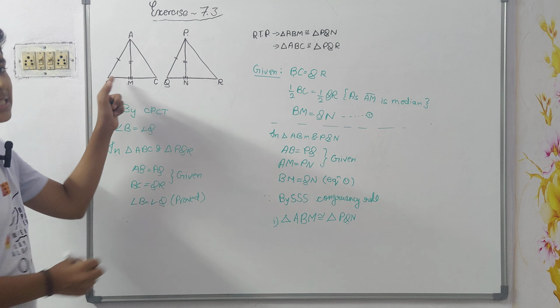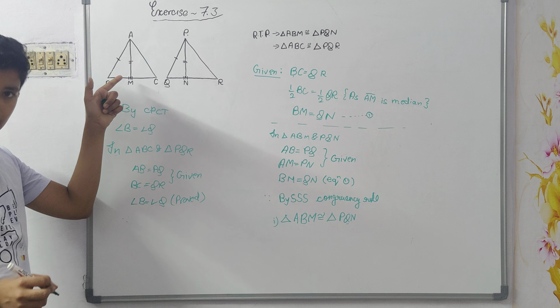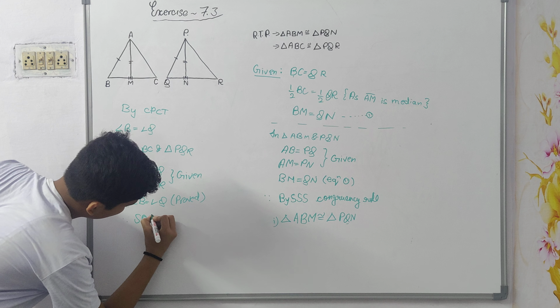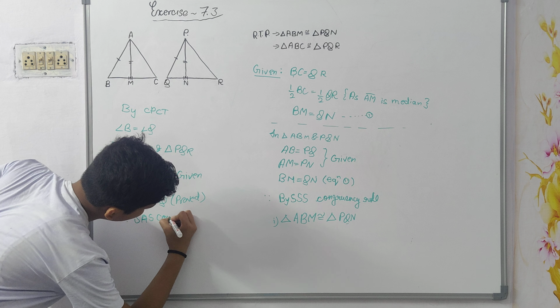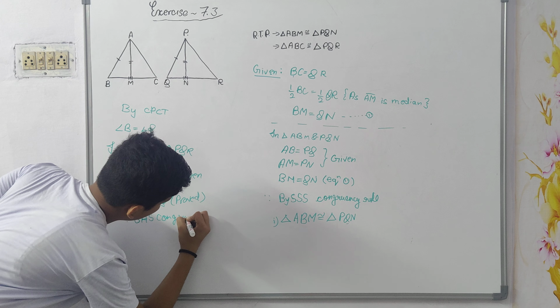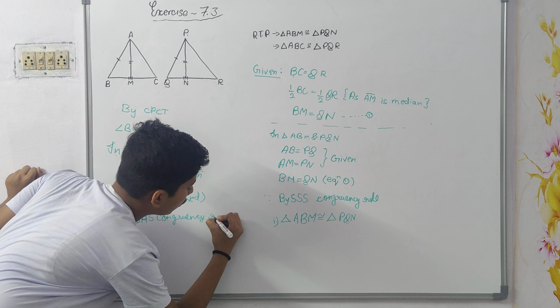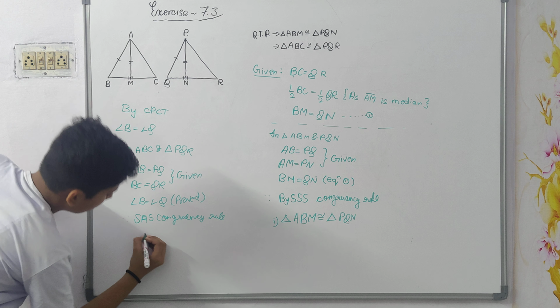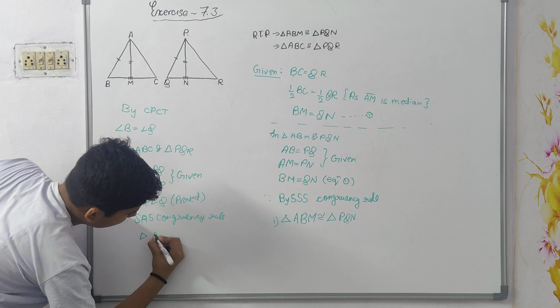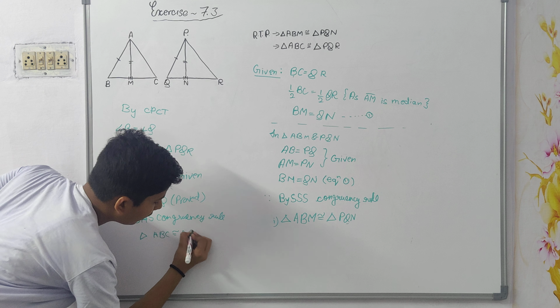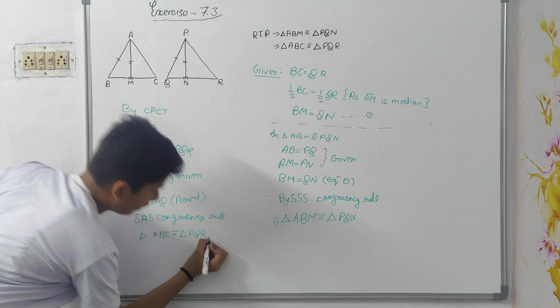And by which rule? Firstly side, then angle, and then side. Means by SAS congruency rule, triangle ABC is congruent to triangle PQR.